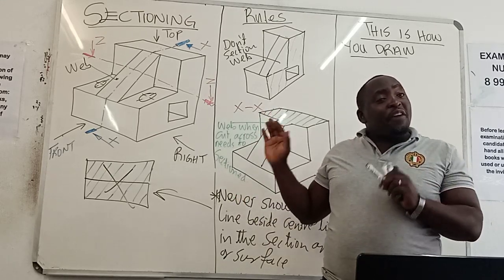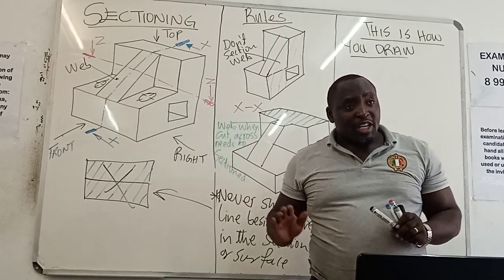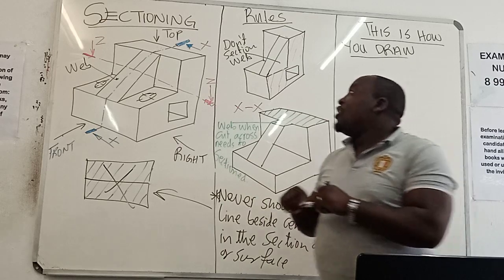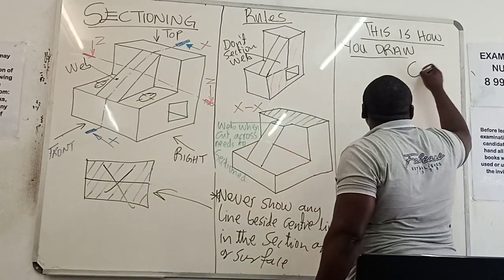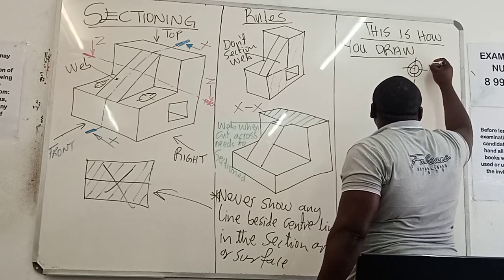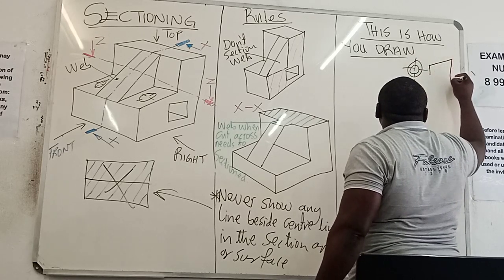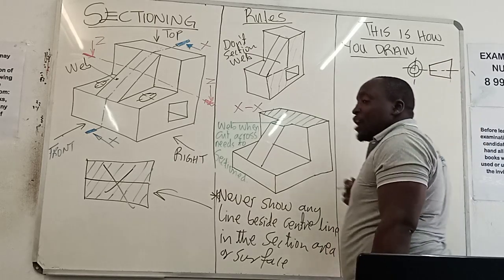Now, according to South African standard, we consider it as third angle projection. And the symbol for third angle projection, we know it is this one. That is the symbol.